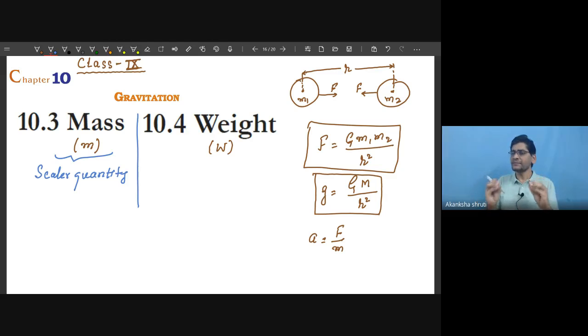So mass simply tells how much matter is present inside a body. It does not have any direction, therefore it is a scalar. So mass is the amount of matter.